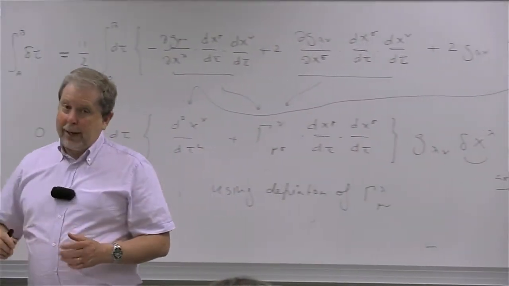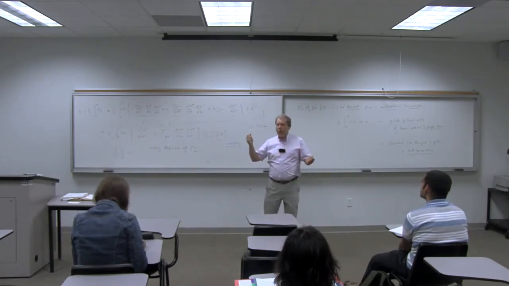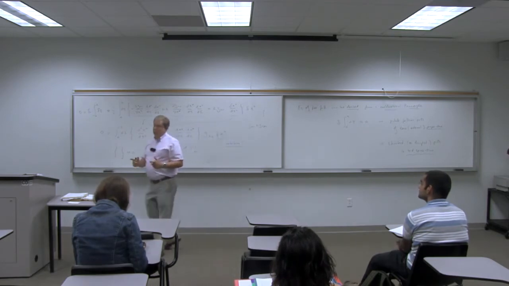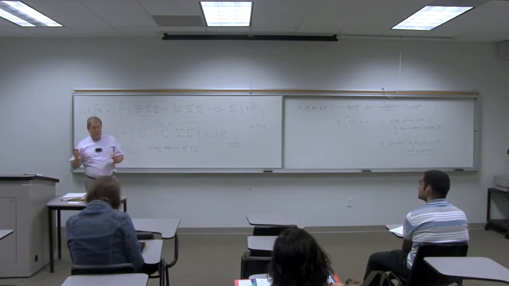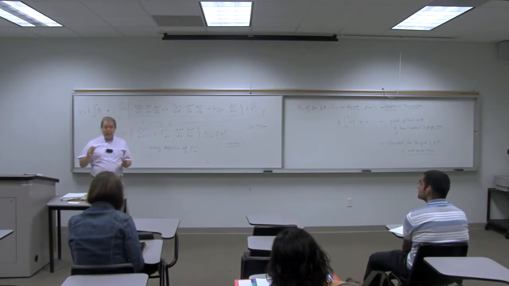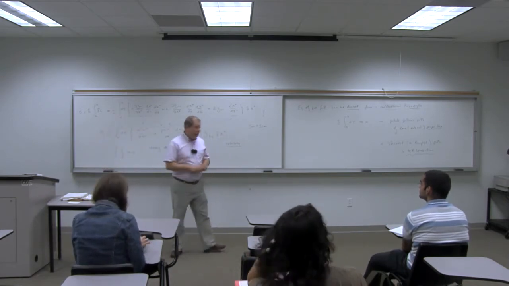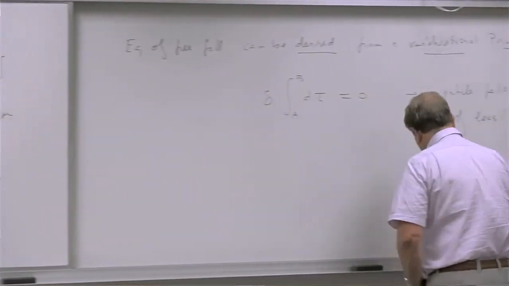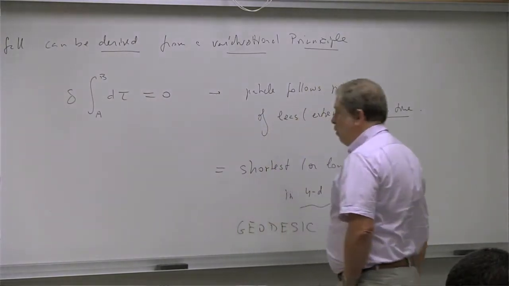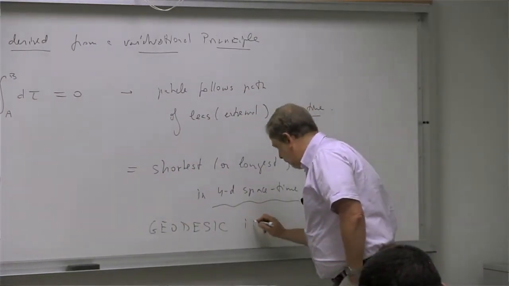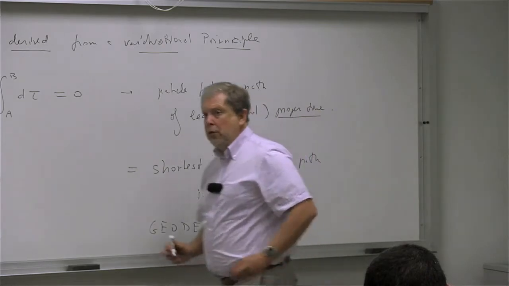So we have discovered that the equation of free fall is equivalent to the statement that when a particle moves from point A to point B, it follows the shortest path in four-dimensional space-time, the shortest path being defined by the one that has the least integrated proper time. So that means that the particle follows a geodesic, but in 4D space, in 3+1 dimensions. The time comes in a crucial way.